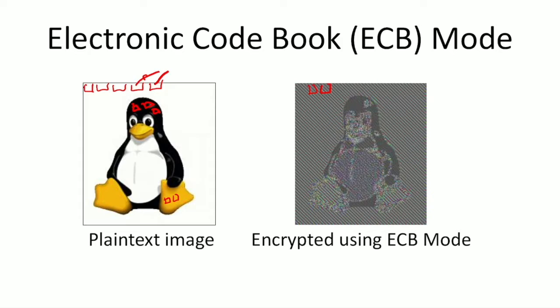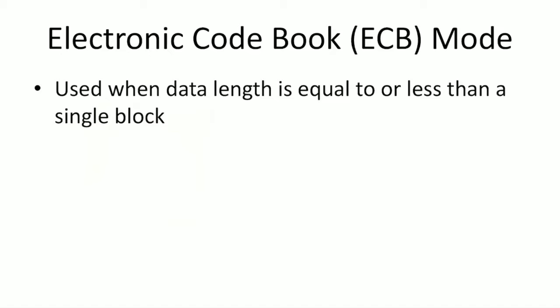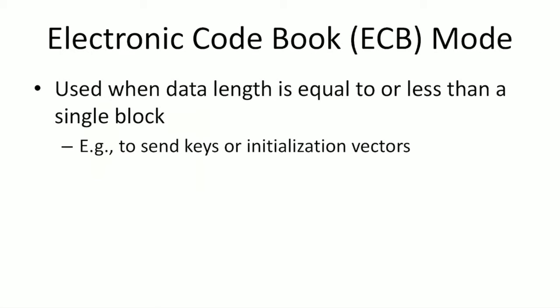For instance, if it is known that the message always starts with certain predefined fields. So when should we use ECB? Well, we use it when our plain text size is small. In other words, when the data length is equal to or less than 1 block. Therefore, we typically use it to send small pieces of data such as keys or initialization vectors, which are usually 1 or 2 blocks.